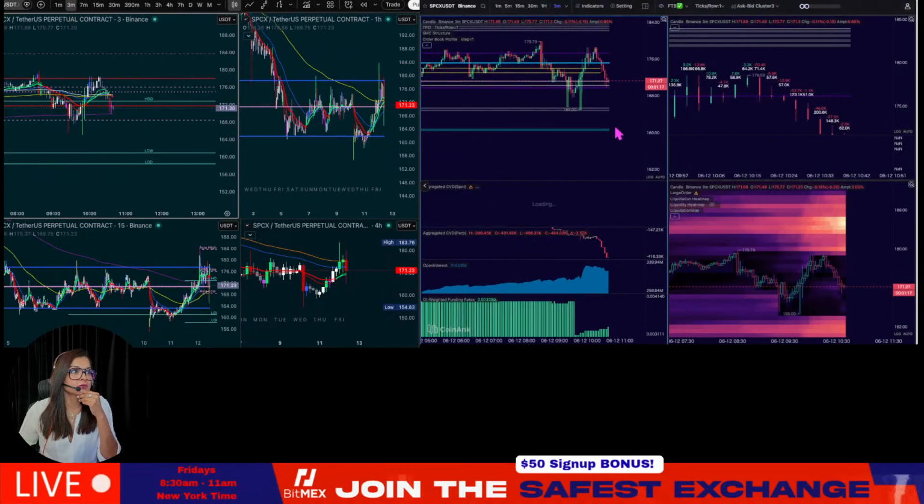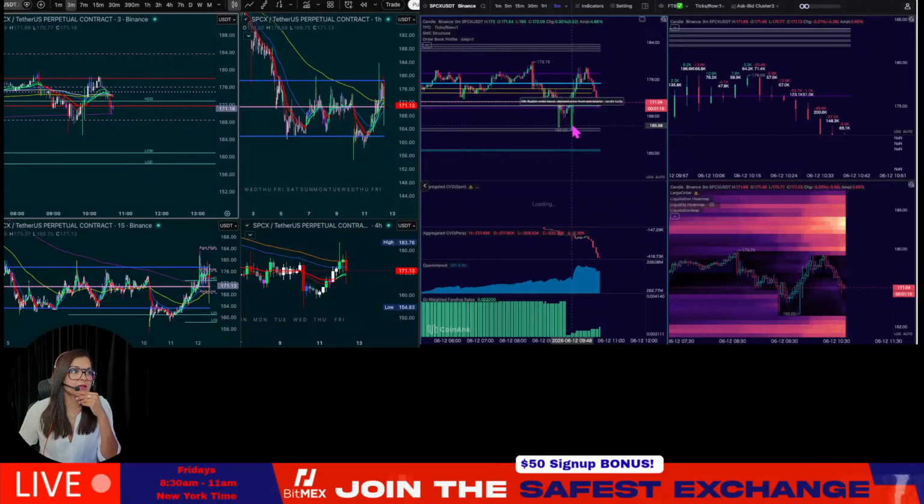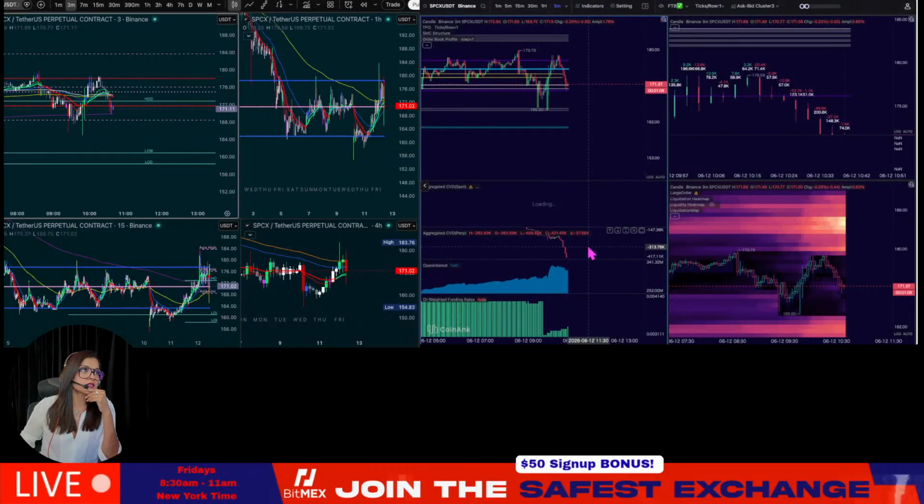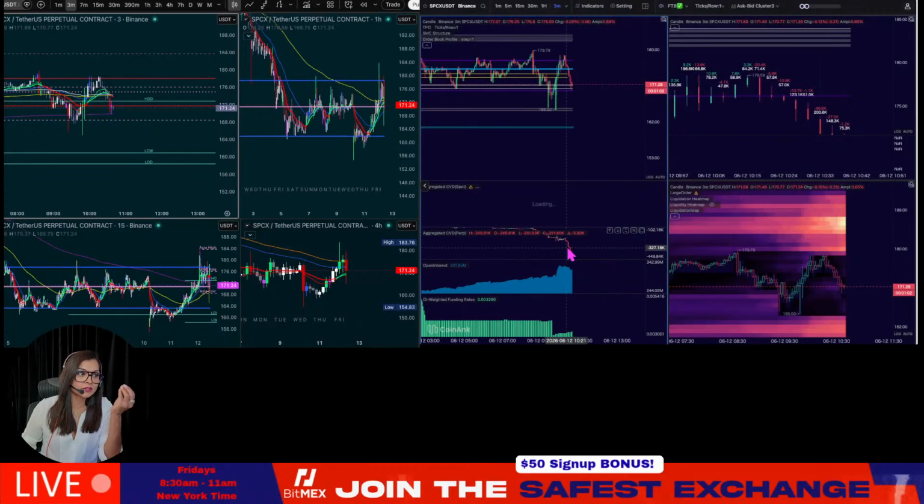All right, let's see if it's going to respect this order block right here that's sitting at the buy tail, or if it breaks down and continues further. As you can see on the 3-minute time frame, CVD, cumulative volume delta, is going down. That means there's much more selling than buying, and price is going down.